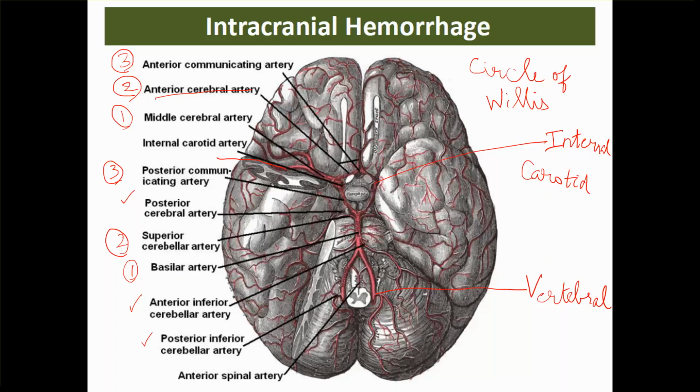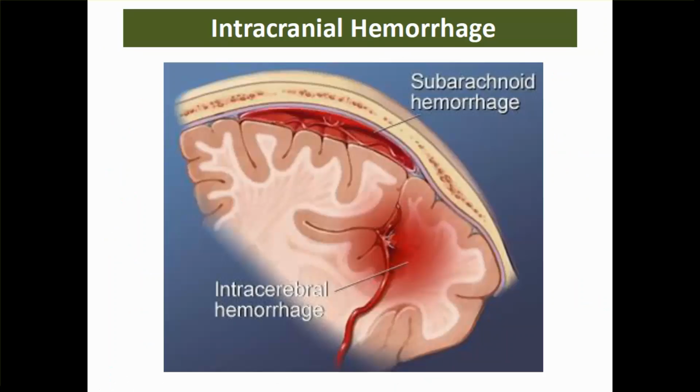Okay, so with this knowledge we will try to go within. In this photograph we can see the two types of intracranial hemorrhage. One is the subarachnoid hemorrhage. When you see the name, you can understand subarachnoid, it is below the arachnoid. That means it is between the arachnoid and pia mater.